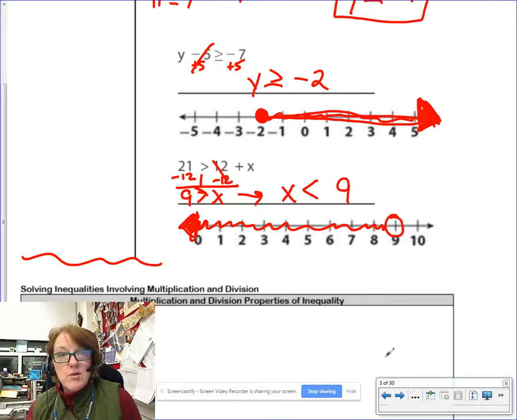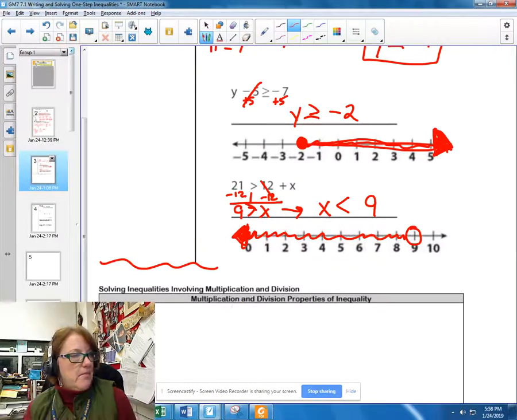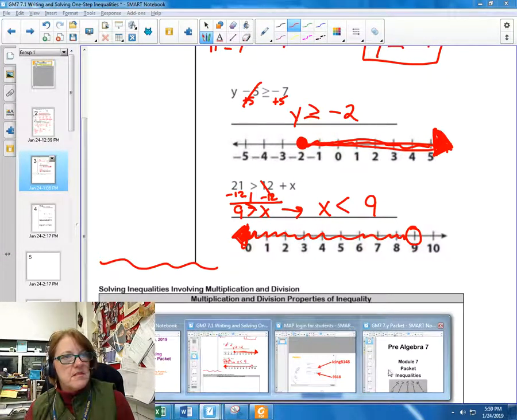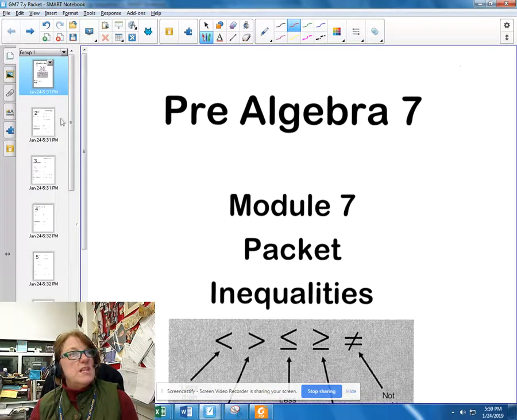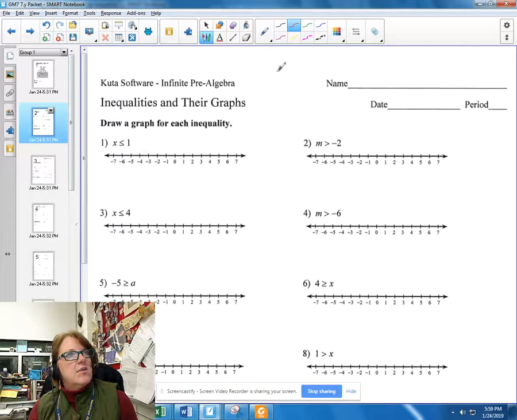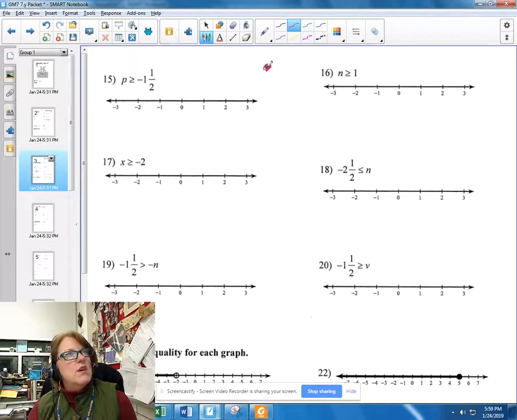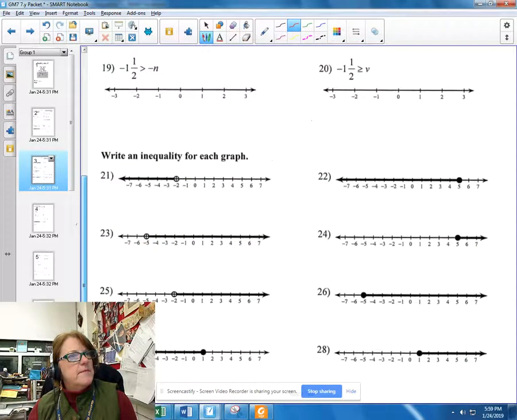I want you to grab your packet. In your packet, your assignment for the next time I see you is going to be this. As you get your packet out, we're going to do page 1. Page 2, extra, I want you to do just these ones down here, from 21 to 28.